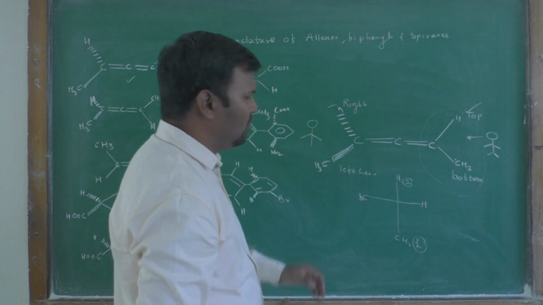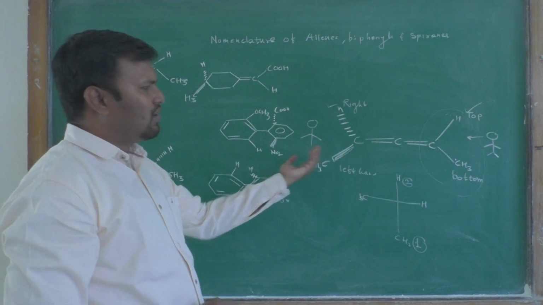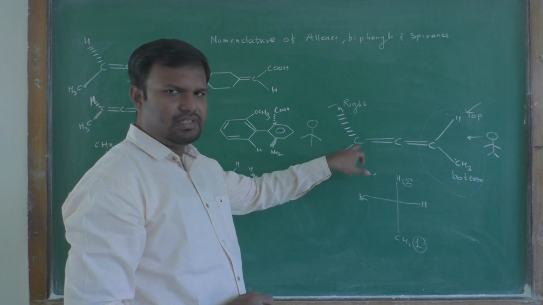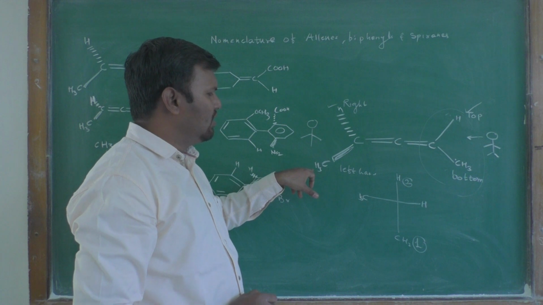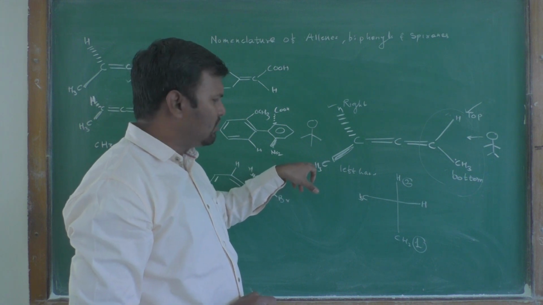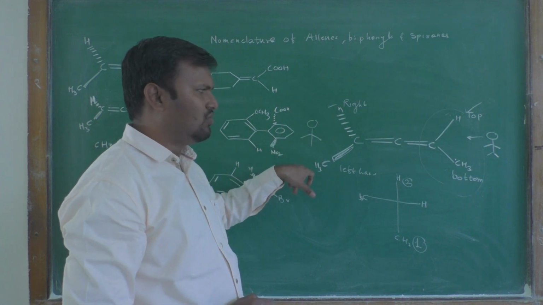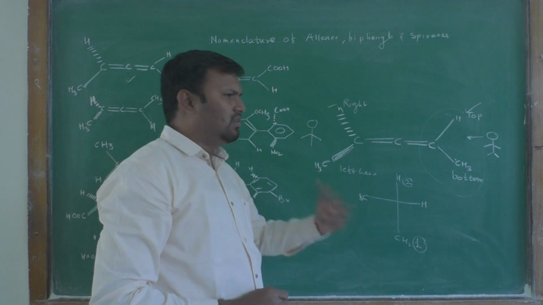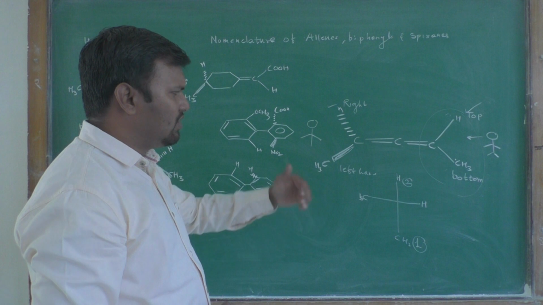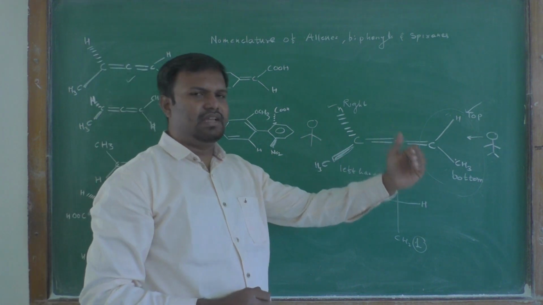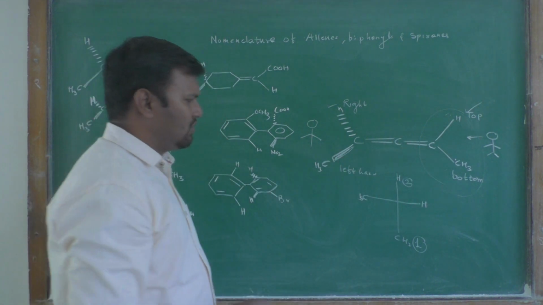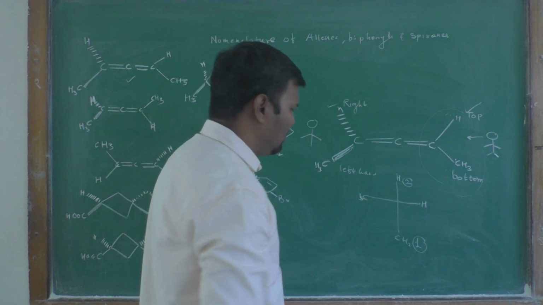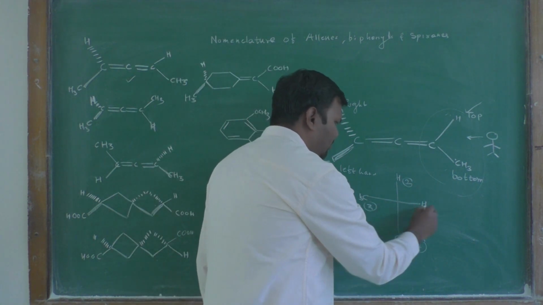And then you have to think about the rear carbon groups. The rear carbon has groups attached, hydrogen and CH3. Give priority to these two groups. Firstly you give priority to the groups on the side from where you are looking at the molecule, and then to the groups attached to the rear carbon. Therefore, the right hand side CH3 on the left hand side gets the third priority and this gets the fourth priority.